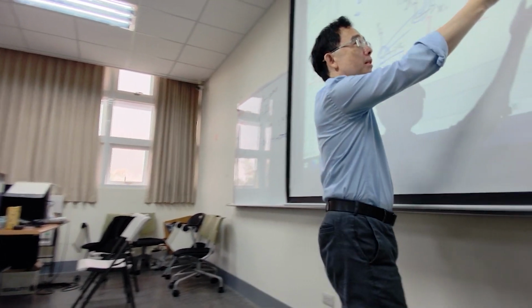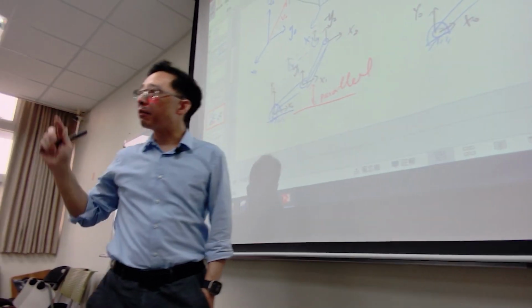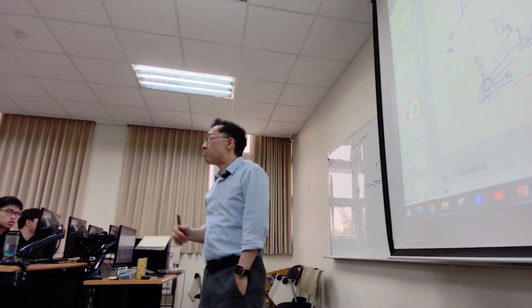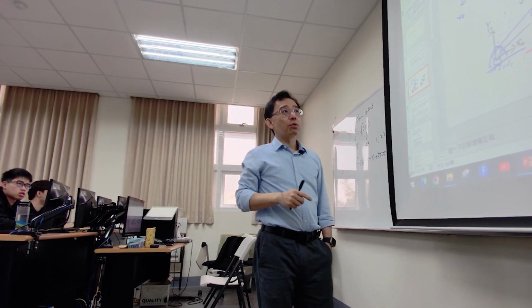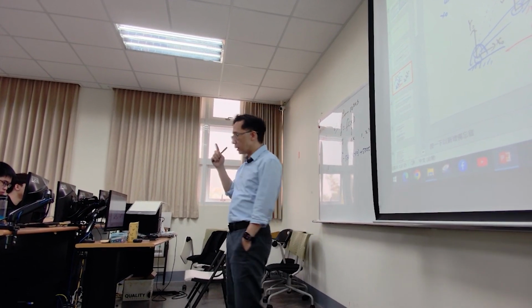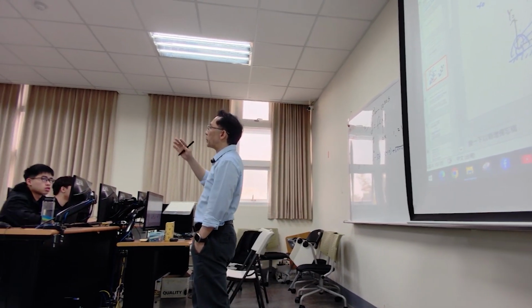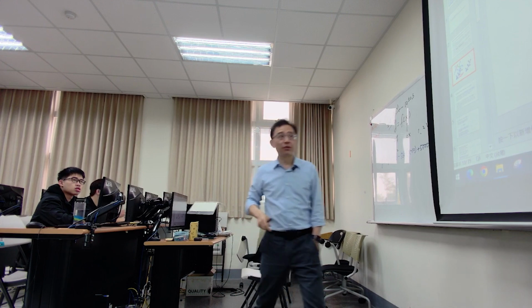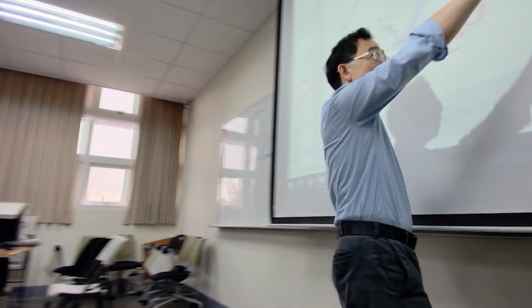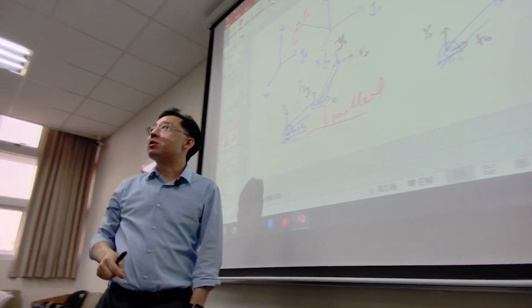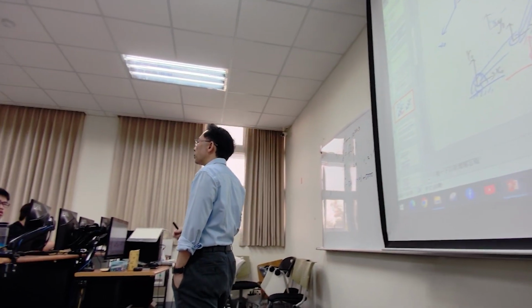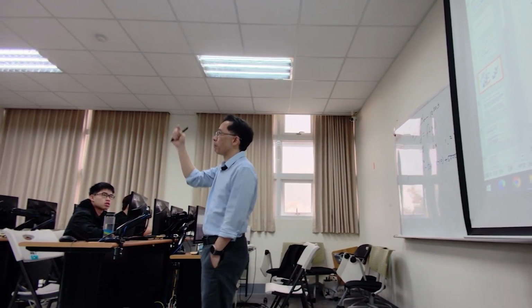We set up one of the coordinates, not necessarily x1, maybe y1 is okay, depends on you. So you need to set up one coordinate that can describe the rotation of our arm. The rotation is not observed from the joint here. The rotation is observed from some important joint you want to reflect back.